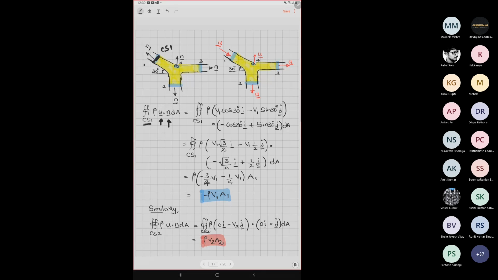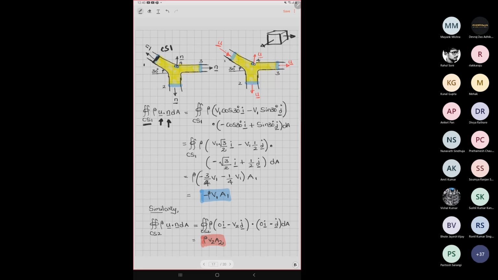For any control volume in fluid mechanics, the normal vector always points outward, opposite of the control volume. If this is the control volume, within which liquid is there, the surface you want to identify, away from that surface, your normal vector acts.